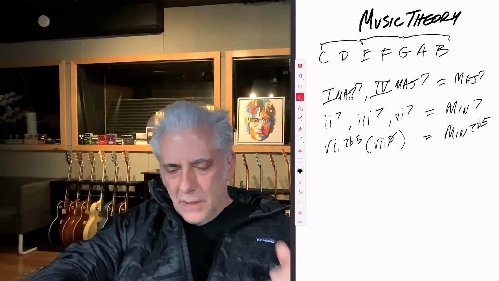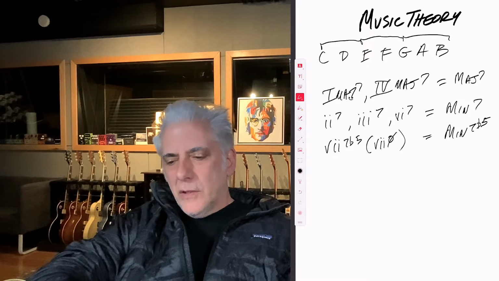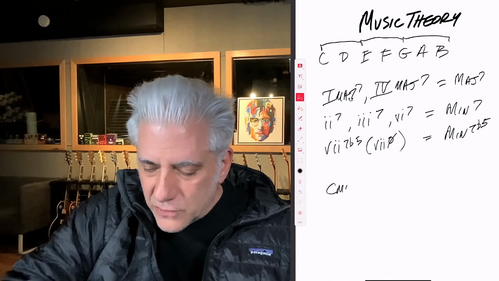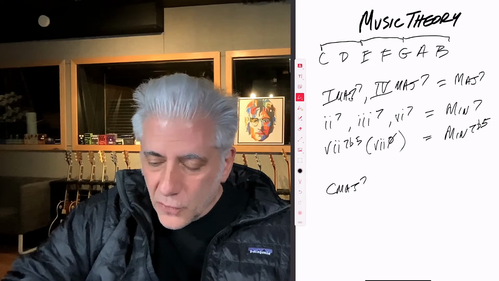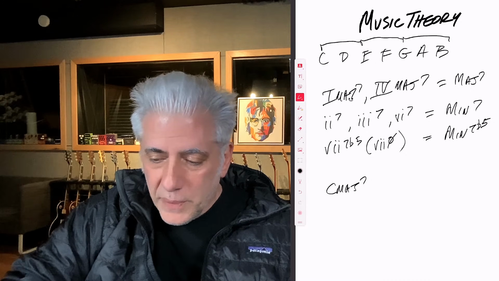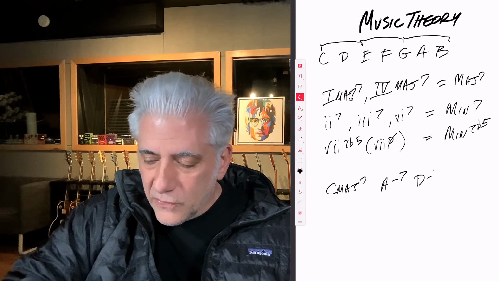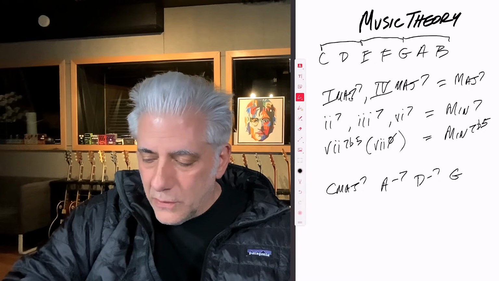So if you had a 1, 6, 2, 5 using 7th chords in the key of C, the 1 would be C major 7. The 6 chord would be A minor 7. The 2 chord would be D minor 7, and the 5 chord would be G7.